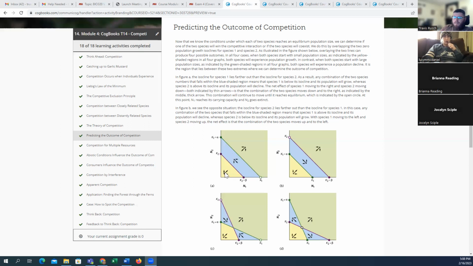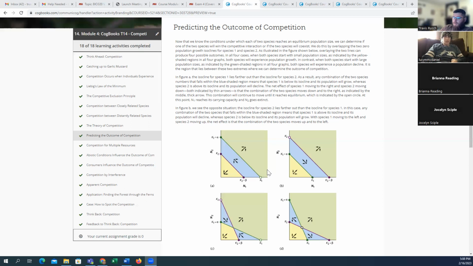You can think of this as a boat on a river: it follows the arrows. Population 2 is going to grow and population 1 is going to grow, and they'll meet in the middle, which is why we have this middle arrow, and it goes in this direction. Then when one passes its isocline, while species 1 is still below its isocline, it can go this direction in competition. What happens when species 1 reaches its carrying capacity? What happens to species 2?